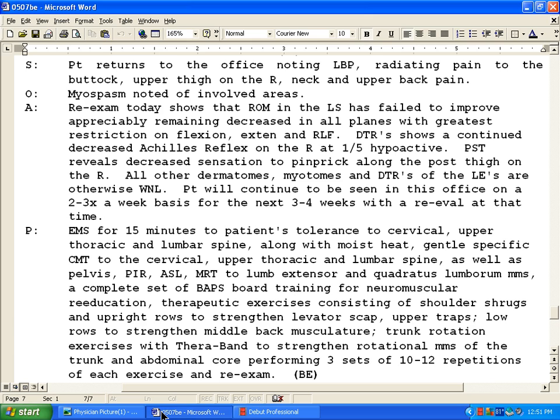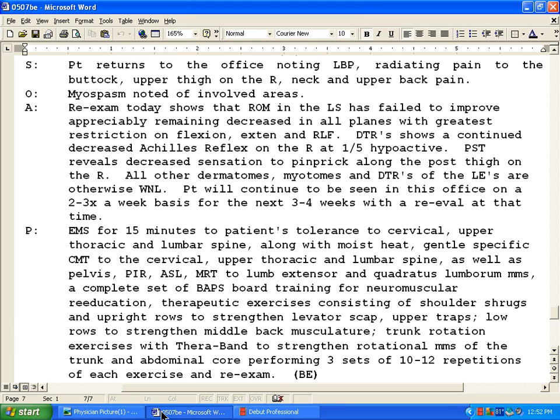Okay, if you don't know what SOAP stands for, S is for symptomatology, O is for the objective findings, A is for the assessment, and P is for the procedure.